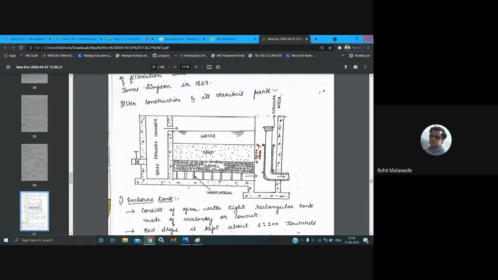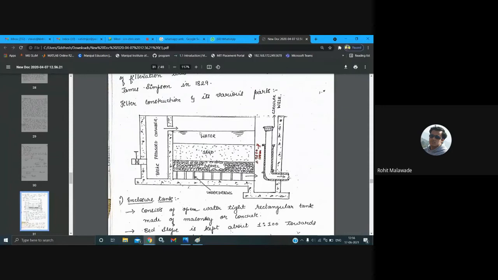Now we will see one by one how the water is going to enter. So here there will be one wall. From this wall, the water which has been treated by coagulation and sedimentation is going to enter the tank from this particular entry point.